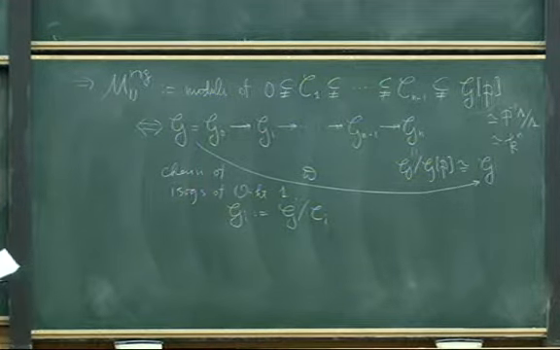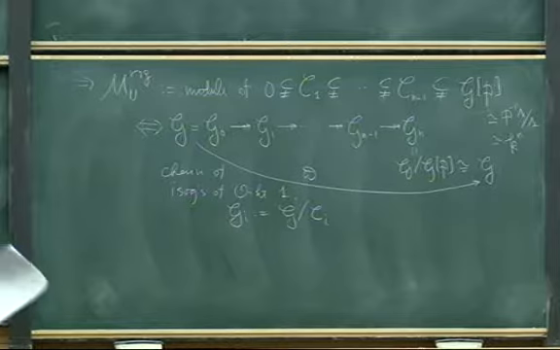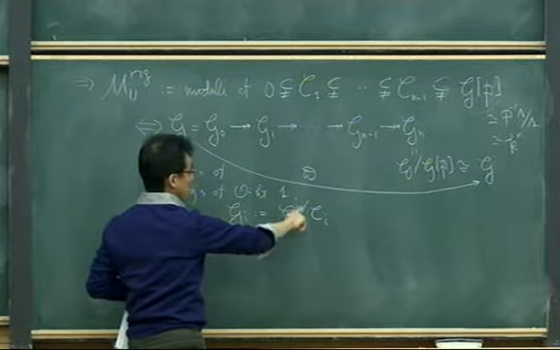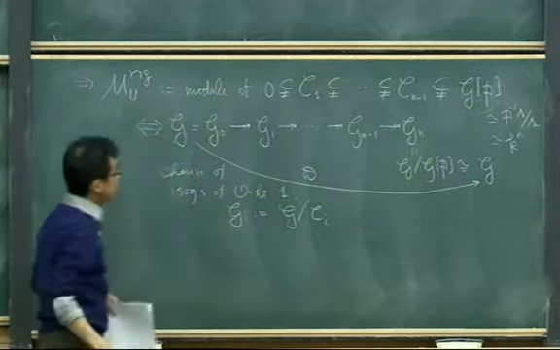This is simply given by taking the quotient of G by these finite subgroups.